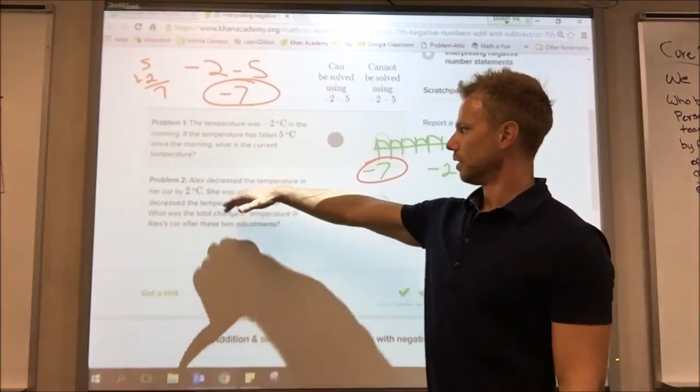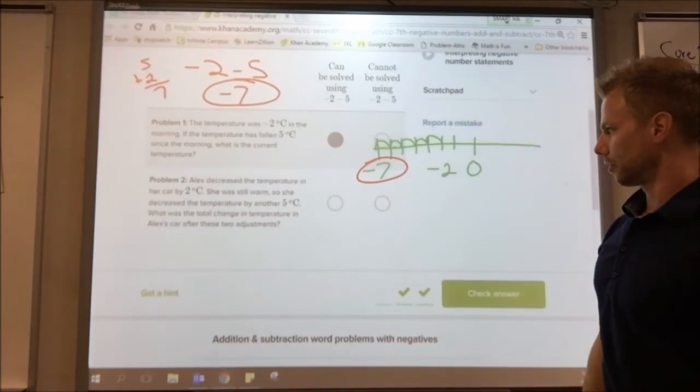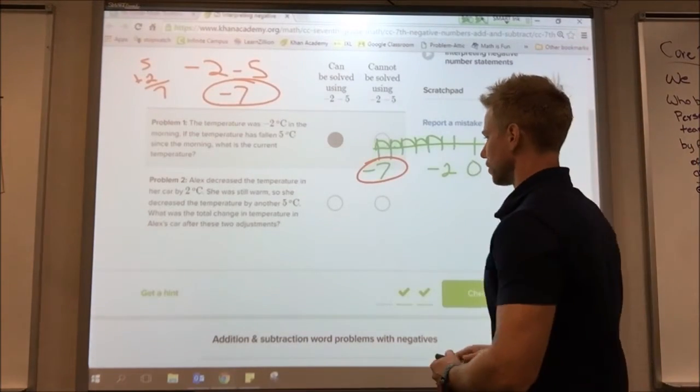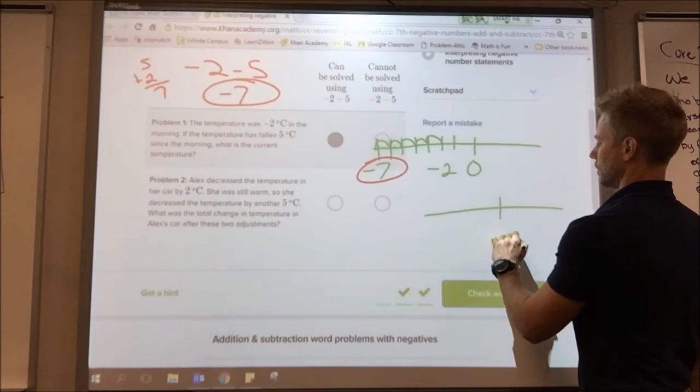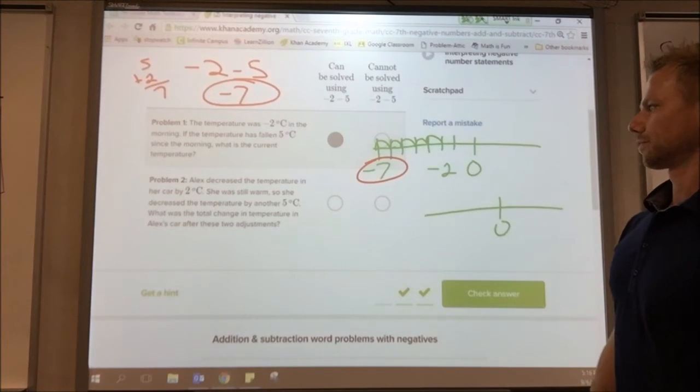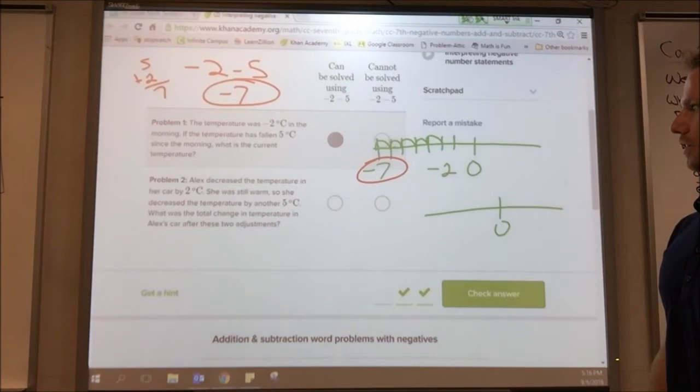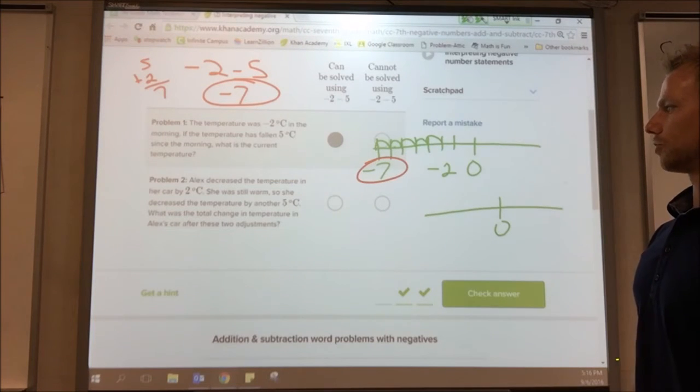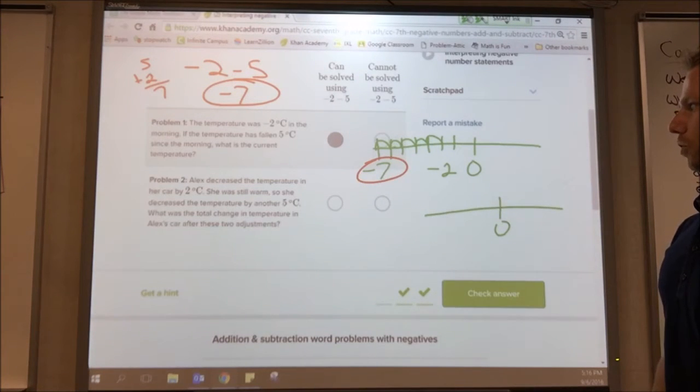Okay, problem 2. Alex decreased the temperature in her car by 2 degrees Celsius. She was still warm, so she decreased the temperature by another 5 degrees Celsius. What was the total change in temperature in Alex's car after these 2 adjustments?